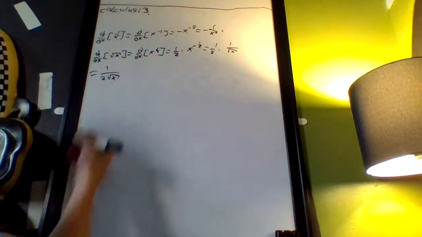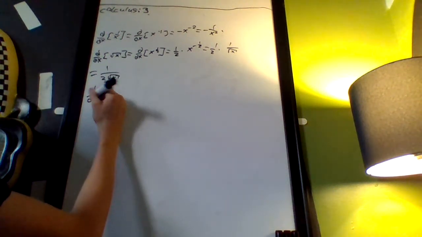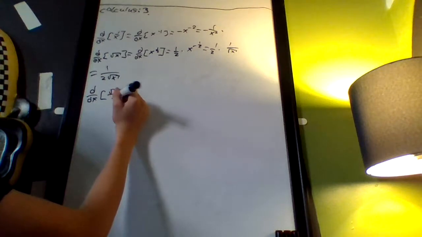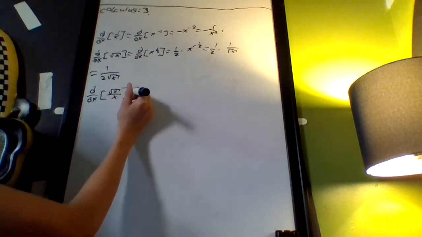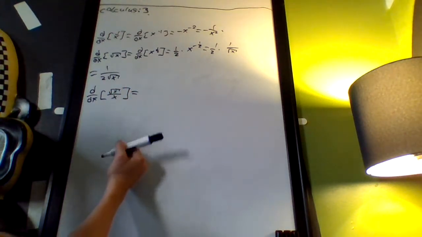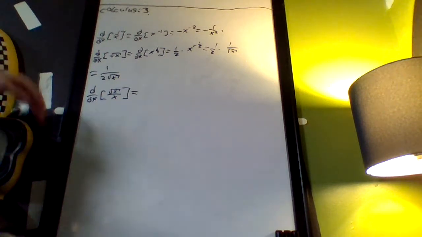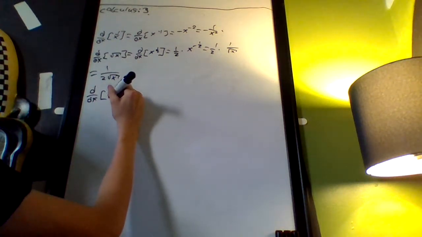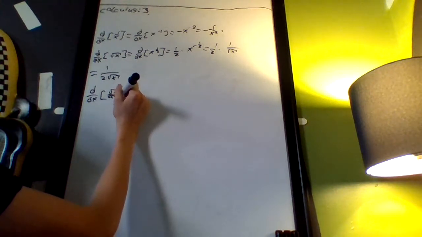So if I were doing the derivative with respect to x of square root of x on x, you can actually rewrite this because x is the square root of x times square root of x.